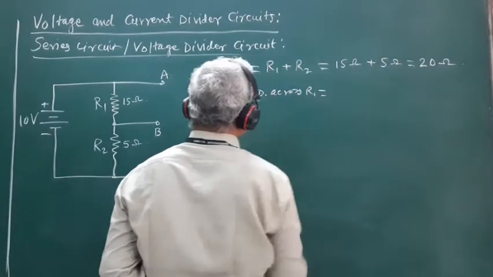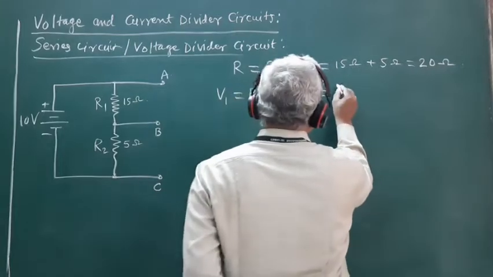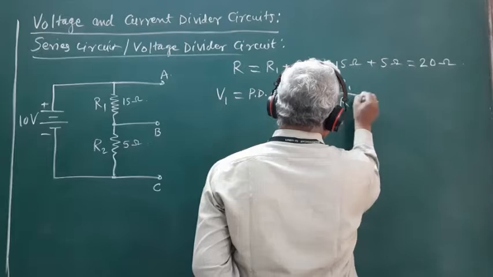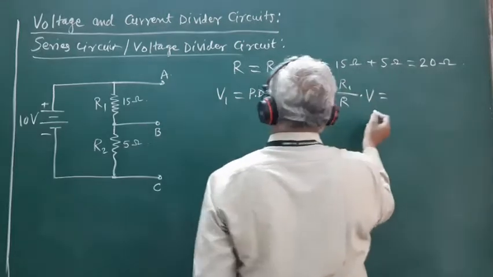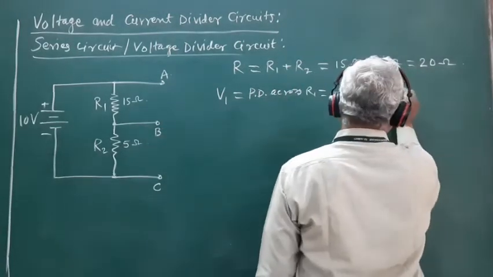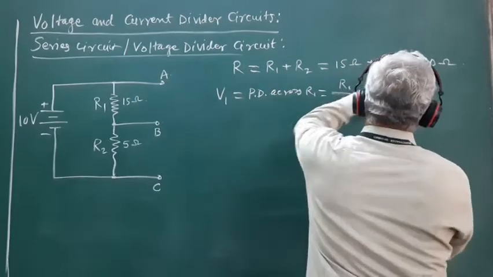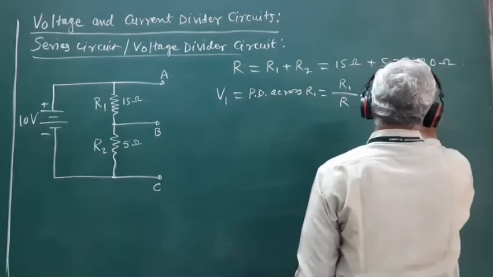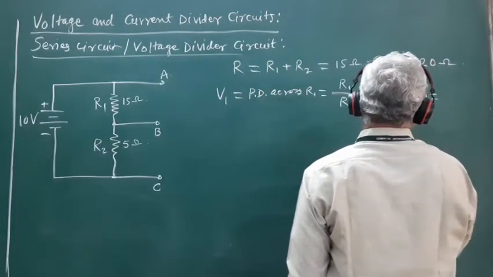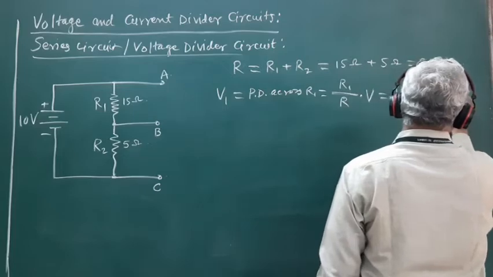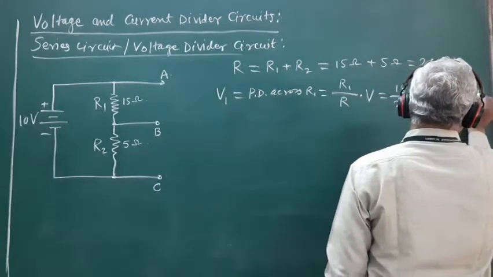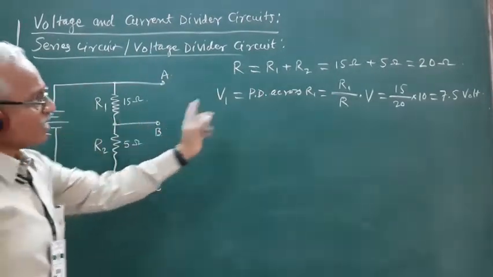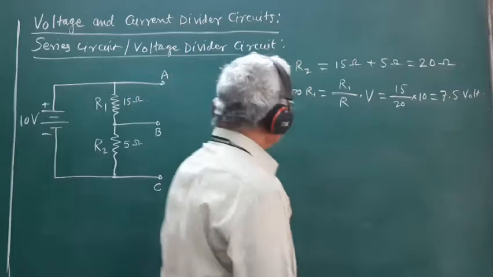V1 is given by R1 upon R into V. So R1 is 15 ohm divided by the total resistance of the circuit, 20 ohm, multiplied by the applied voltage of 10 volt. This works out to be 7.5 volt. The potential drop across the resistance R1 works out to be 7.5 volt.